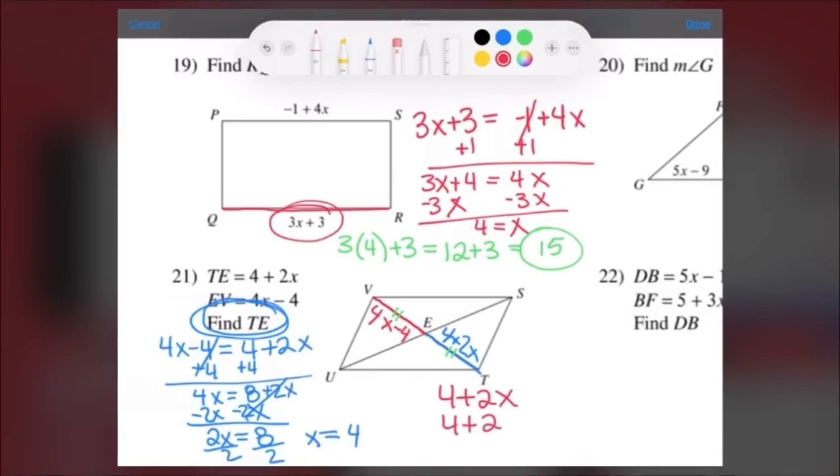So 4 plus 2 times 4. 4 plus 8. And we get TE is equal to 12.